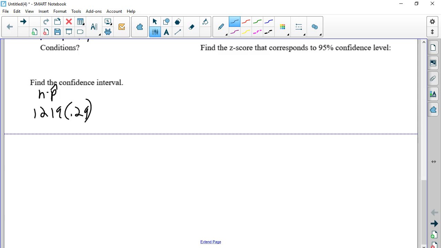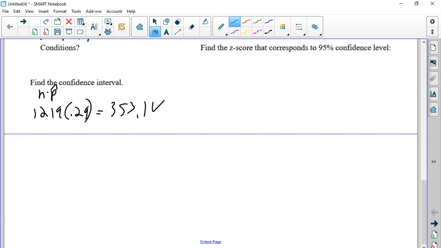Is that greater than 10? Well, let's see, 29% of 1219 is 353.1. So that's check. It is bigger than 10.